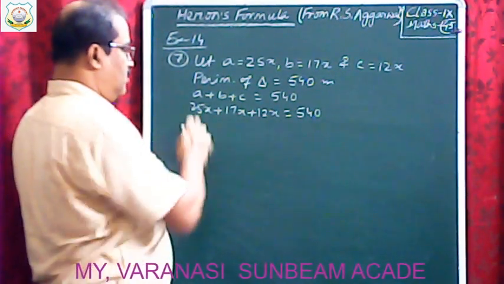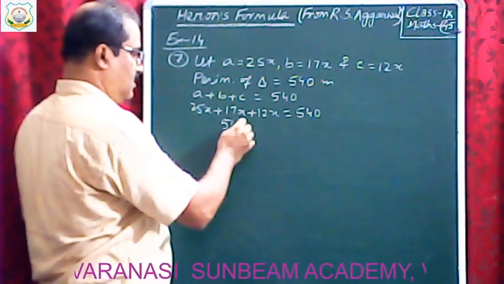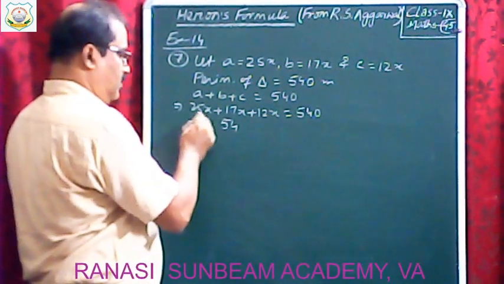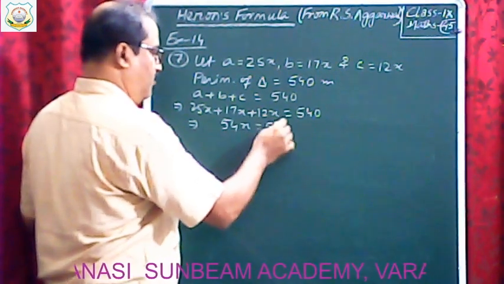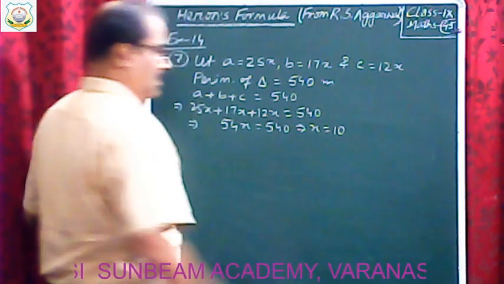How much we get? 25 plus 17, 42, 54x. Okay, 54x equal to 540. Then x equal to 10.